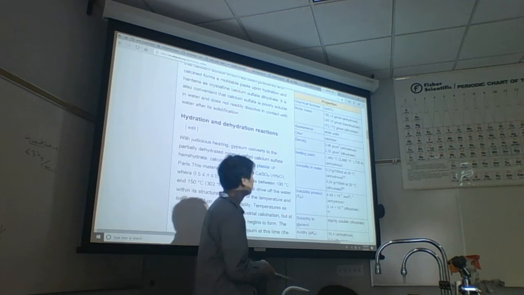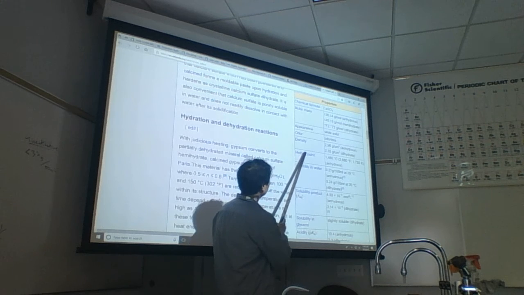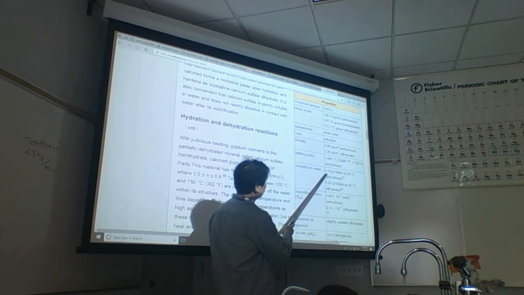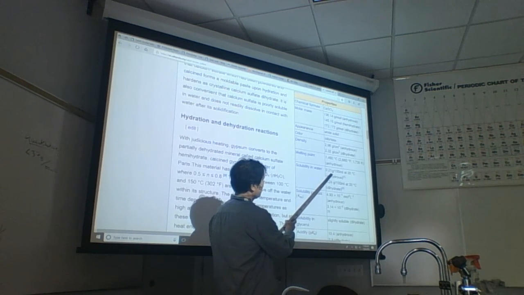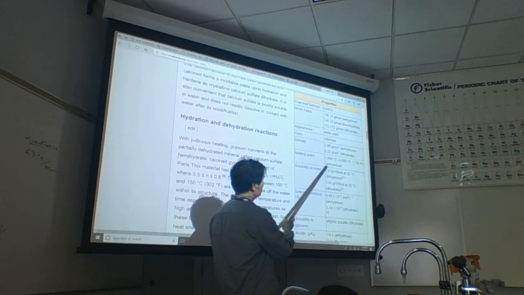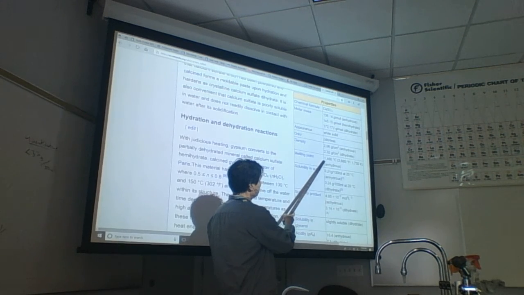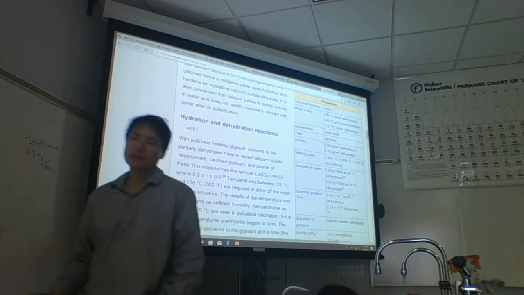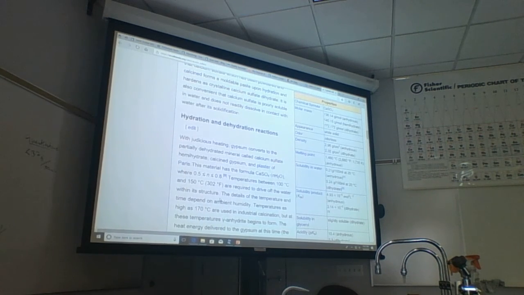It's a desiccant. Anyway, here are the numbers. What is the solubility? 0.21, 210. What is the melting point? 1460. Now, what was the other melting point? 1340?